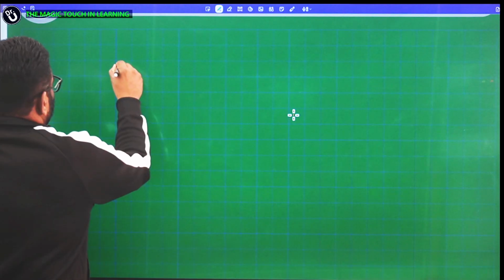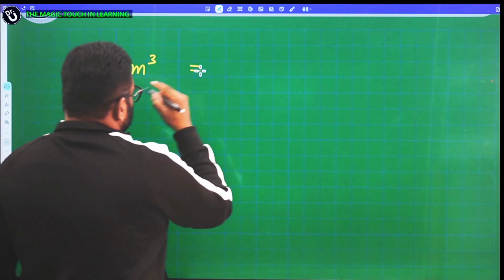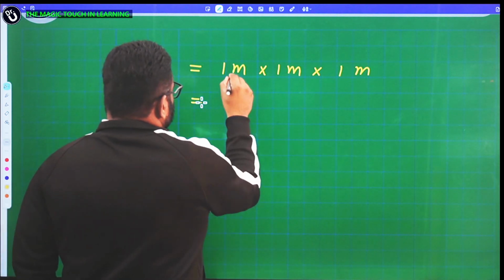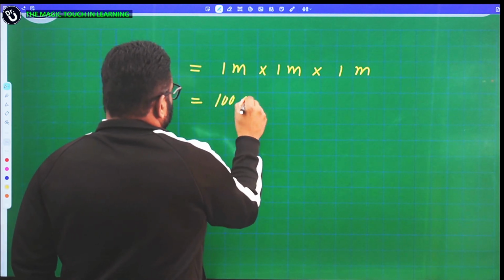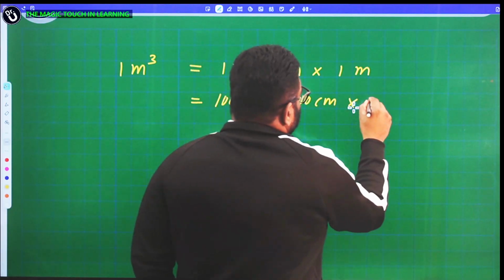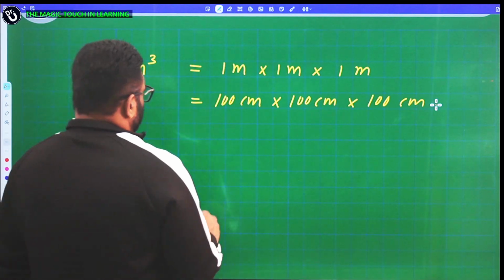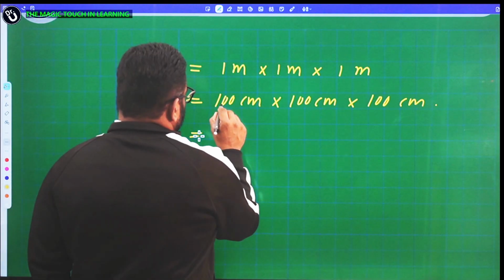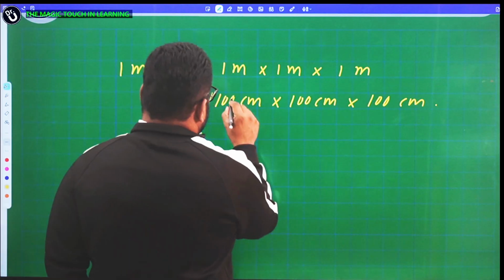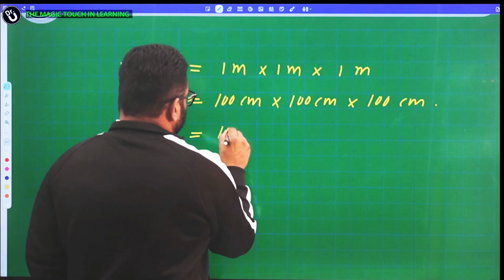So 1 meter cube is, in centimeters, you write 100 centimeter multiplied with 100 centimeter multiplied with 100 centimeter. So now you can simply say 10 to the power 6 here. You can count the number of zeros: 1, 2, 3, 4, 5, 6.